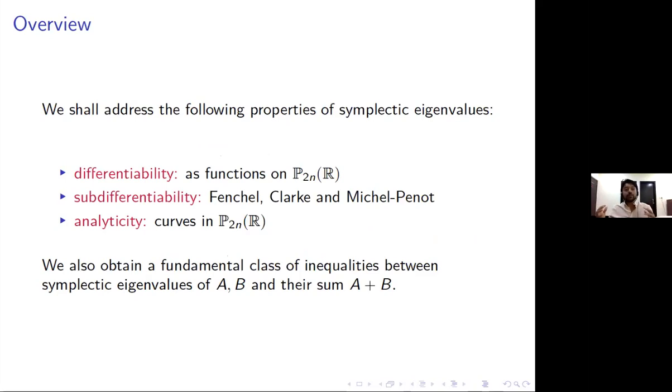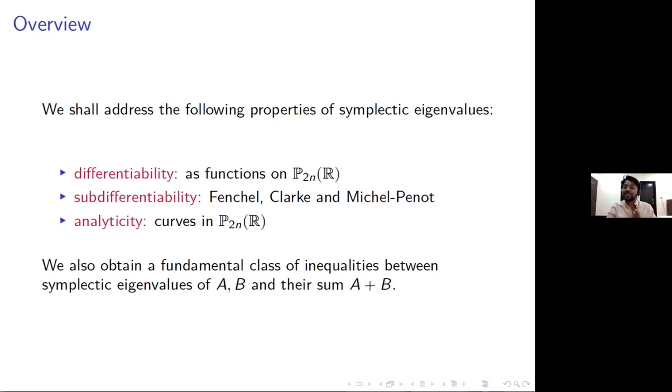Then we will talk about some weaker differentiability properties given by subdifferentials, in particular Fenchel, Clarke, and Michel-Penot subdifferentials. We then study the behavior of symplectic eigenvalues for matrices lying on a curve, and in particular for analytic curves.